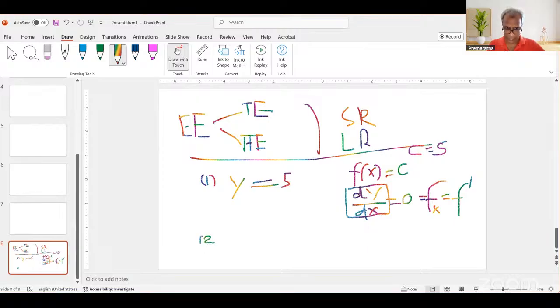Second, we have to understand an equation like y equals 3x. It is a simple equation; when we differentiate it, we can write f'(x) equals 3 as the answer.